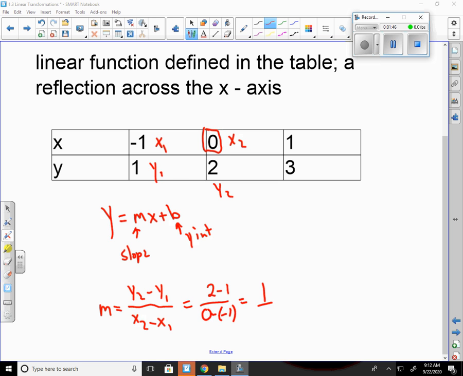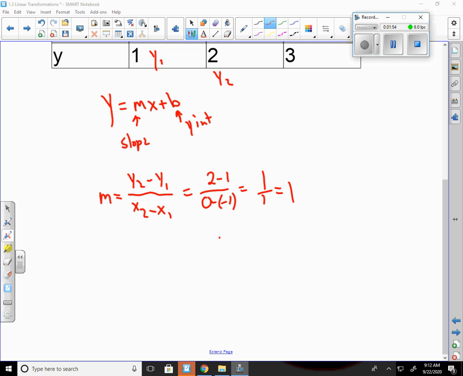So it gives me 1 over 0 minus negative 1, which is 1. So my slope is just 1. That means my original equation is y equals x plus 2. So all that was to find my original equation.